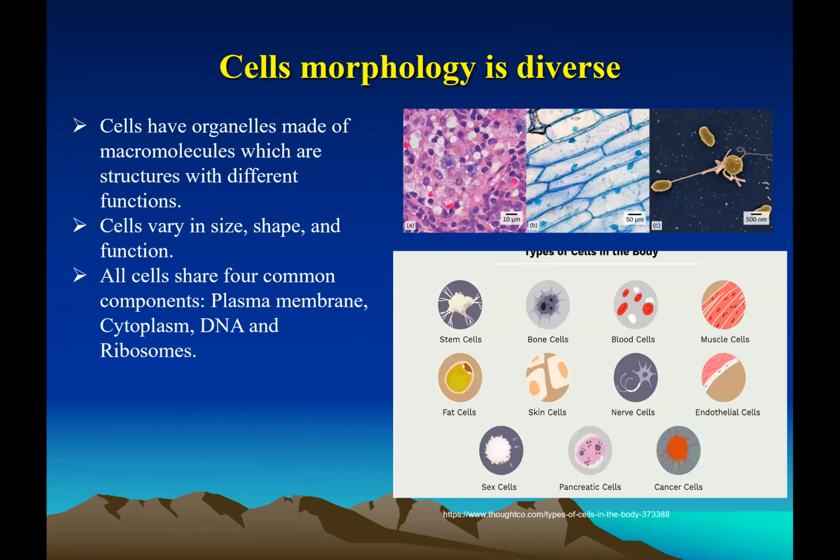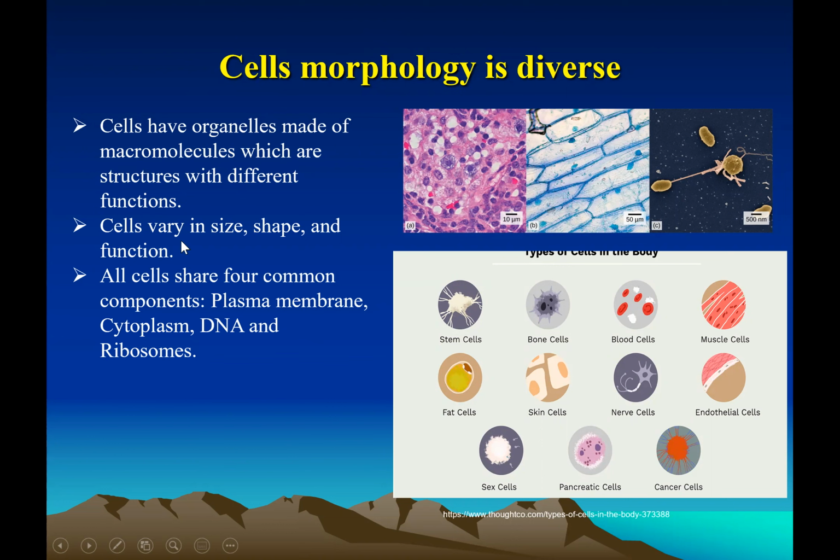When we are studying cell structure and function, cells are so diverse. If you just take the human body, the cells that make the eye are very different from the cells that make your heart or your kidneys or your spleen. So there's this huge diversity, but the basic organelle structure and function is the same in all of them. Macromolecules come together to form organelles, and these organelles all come together to make the cells.